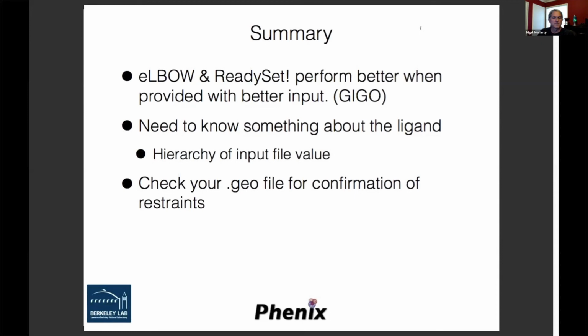If link metals is not working for you, or it's either linking incorrectly or linking too long or too short and things like that, then you need to go the edits route, which is the file that's created by ReadySet. So at this point, best practice: run it, see what happens. If it makes a mess, please try and quantify what's going wrong, and then we can help you with that.